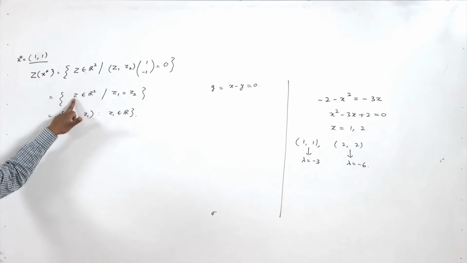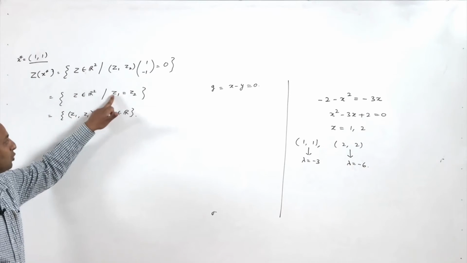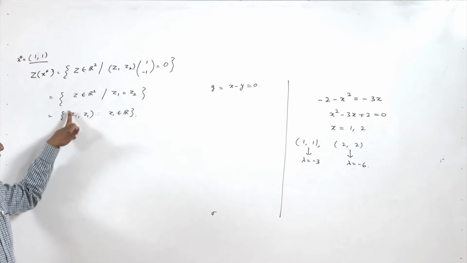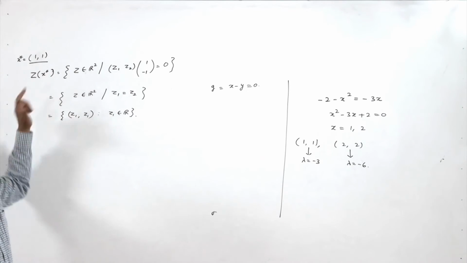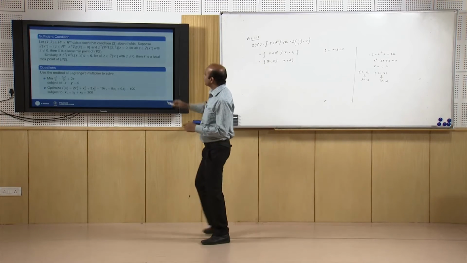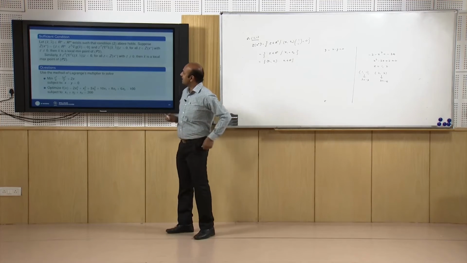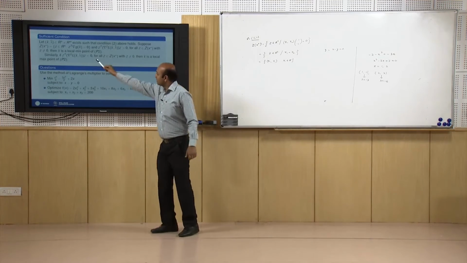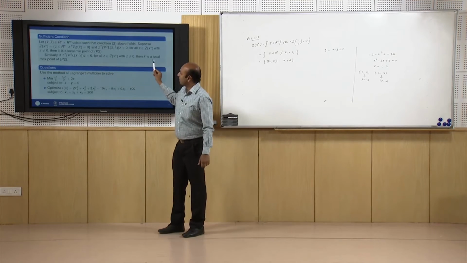It is Z1 comma Z2 and Z1 is equal to Z2. That means all elements of type Z1 comma Z1 will be in capital Z. Now, if the first condition holds, we say that x star will be a point of local minima. If this condition holds, we say that this point is a point of local maxima.